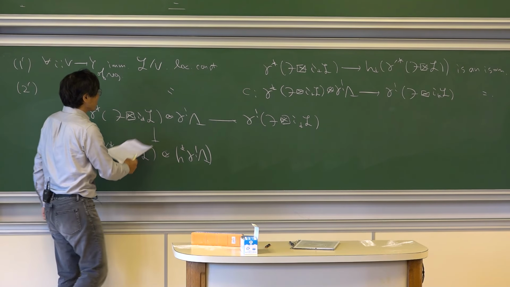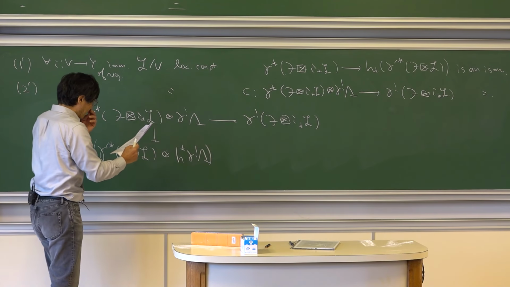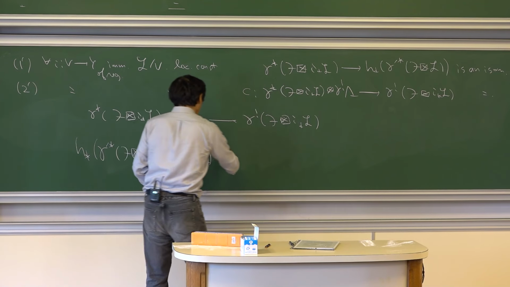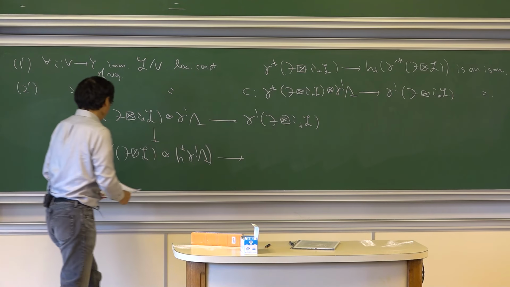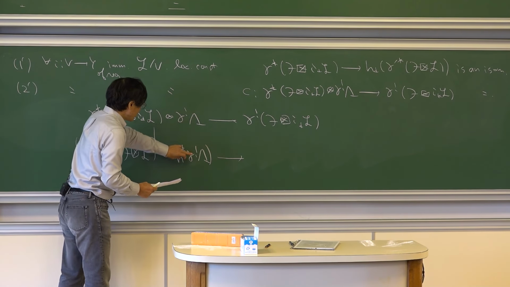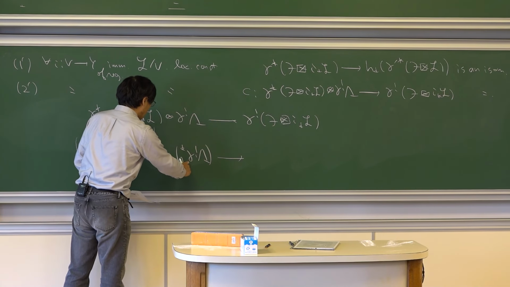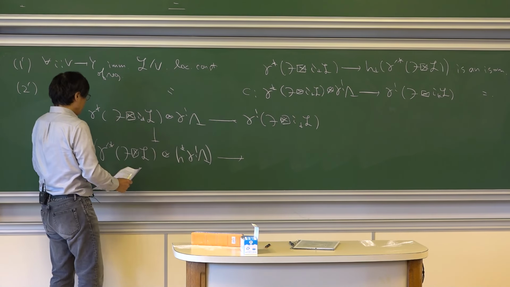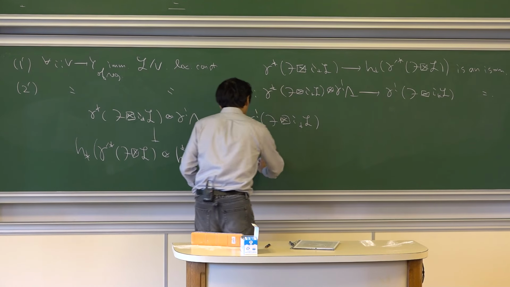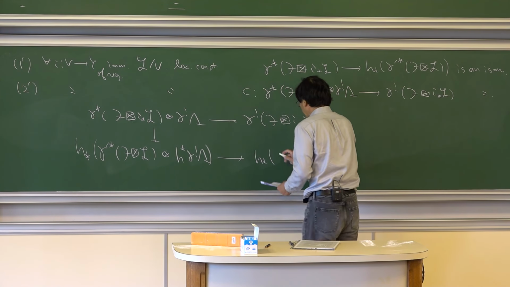So this is almost a twist of this. And then from here to there, and if you go from here to gamma prime sheaf of lambda, then we have C for gamma prime.